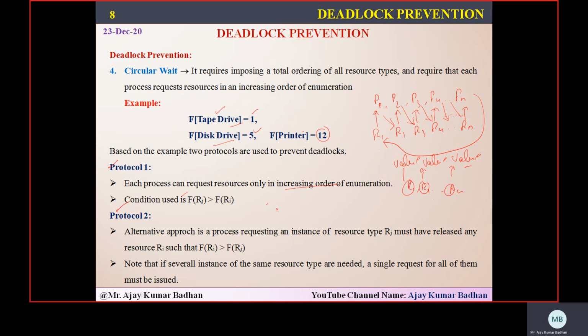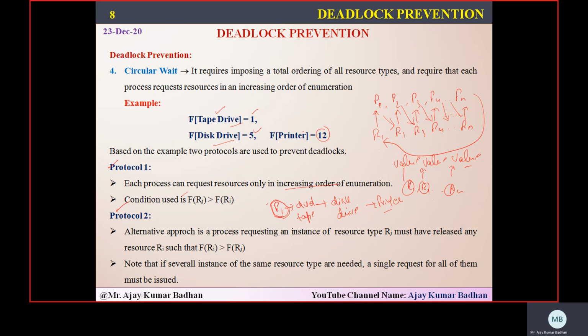For example, let's take the previous example. A process needs to read data from the DVD drive, that is nothing but your tape drive, store the data into your disk drive, and then sort it and print that data. Now this particular process can request them in increasing order.